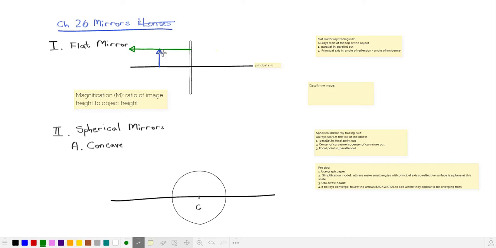I take this point of intersection from the top of the image to where the mirror intersects the principal axis, and then I just use what you already know. The angle of incidence equals the angle of reflection, and so if I try to make this incoming angle equal to the outgoing angle, it looks like I have a line somewhat like that.